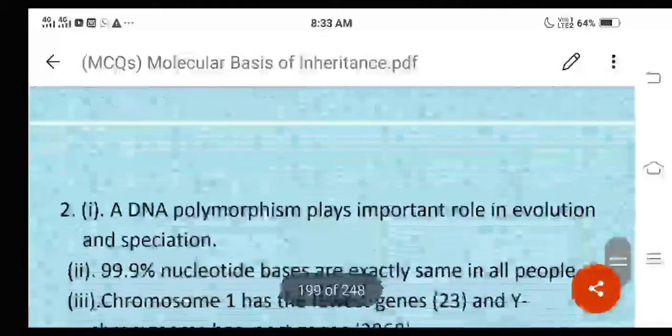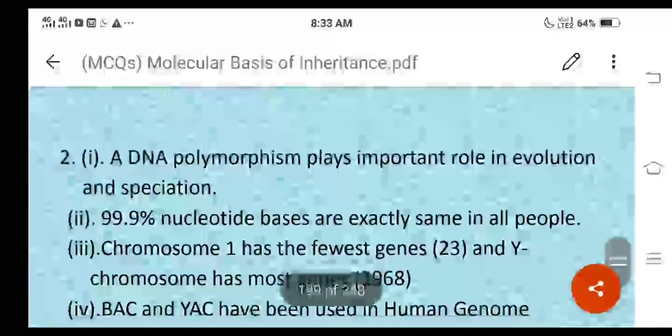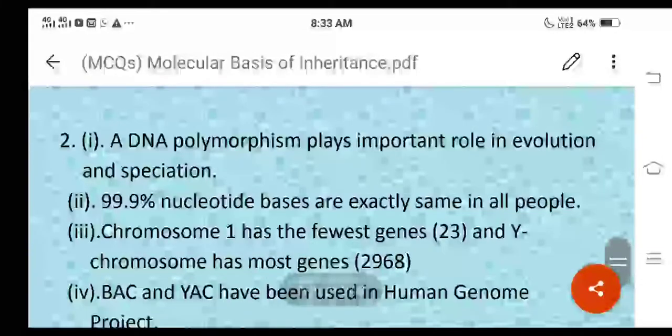Then let us move on to the next question. Four different statements are there. Statement 1: DNA polymorphism plays an important role in evolution and speciation. Second statement: 99.9% of nucleotide bases are exactly the same in all people.